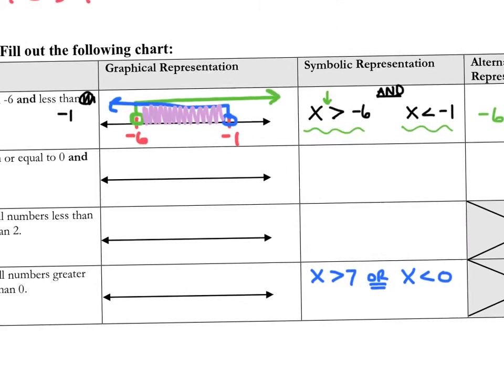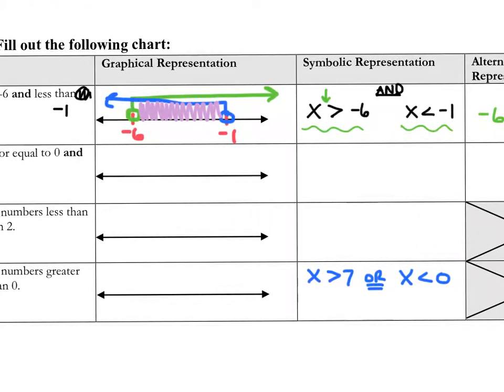So we're just going to go right to my graph. All right, we got 0 and we got 7. Okay, X is going to be greater than 7. We got X is greater than 7, no underline. Greater than goes to the right.